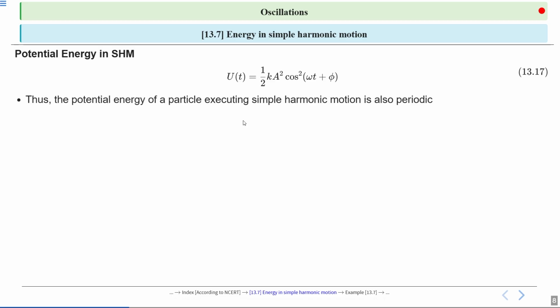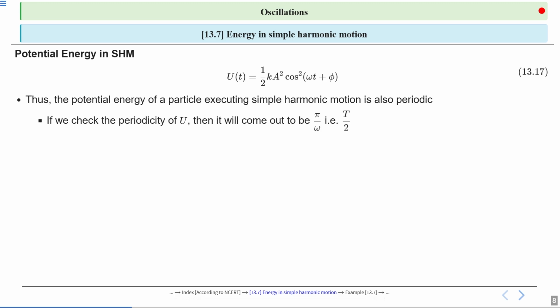The potential energy of a particle in SHM is also periodic, just like its position and velocity. This means it repeats its value in a regular pattern as the particle oscillates.